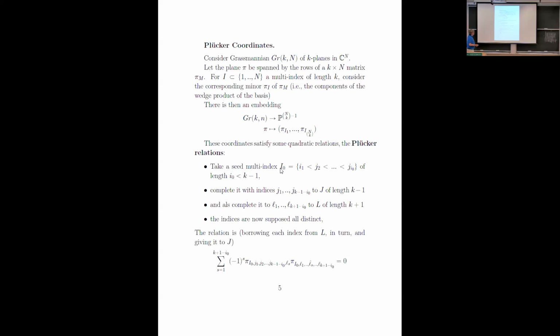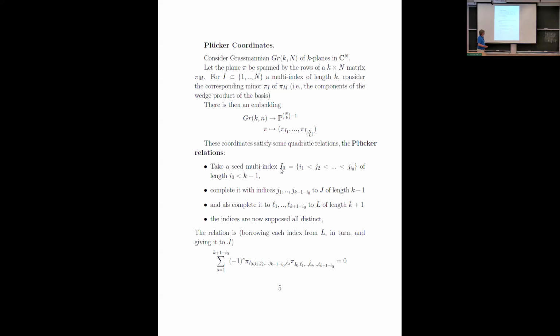And then there's a variety of more or less confusing ways of giving these Plücker relations. But the one I like is that you choose a seed multi-index. So this is I0. Remember, these will be coordinates of an element of the exterior algebra. And you put it at the beginning, and then you complete it, not to an index of length k, but first a length k minus 1 and second k plus 1.